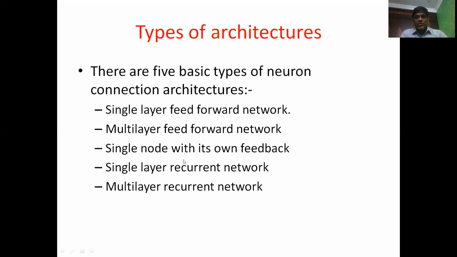Then single node with its own feedback is the third category. Single layer recurrent neural networks and multi-layer recurrent neural networks. These three comes under feedback networks. Okay, so we'll see how the connections will be made in all of these types of neural networks.